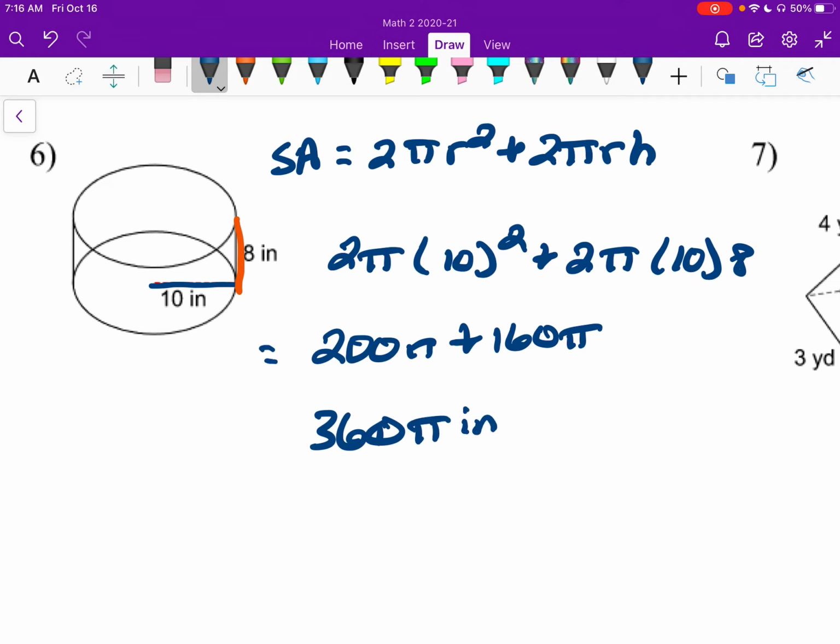And we're talking about inches squared. So if it tells you to leave it in terms of pi, that would be your answer. But since our answer wants a decimal, I'm going to type in 360 times pi into my calculator. And I get 1130.97. We're talking about inches.